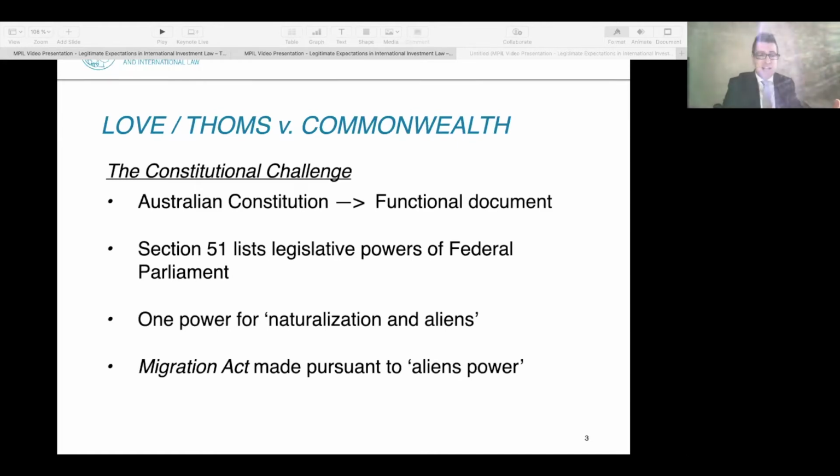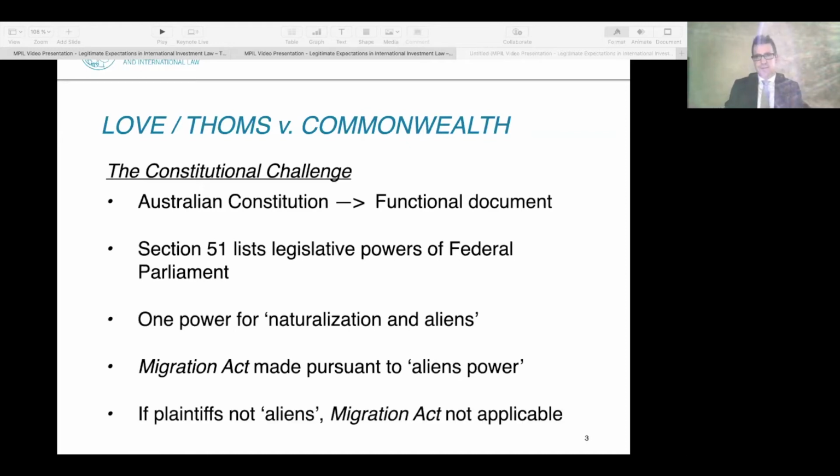Obviously, the Migration Act doesn't apply to us. If the Migration Act doesn't apply to us, the orders for our deportation are not valid. So that's the argument there.